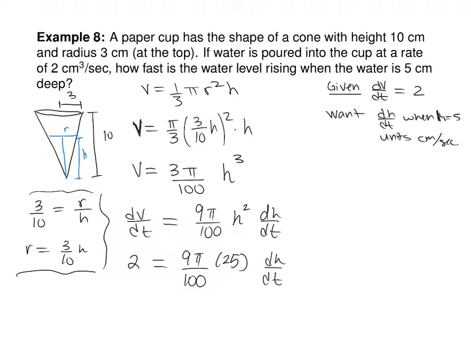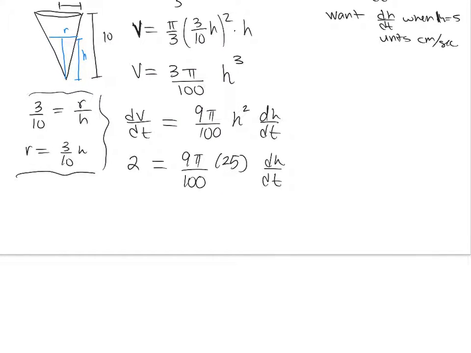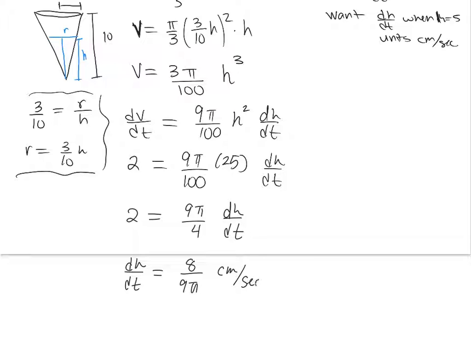Can you simplify it all before, yeah, 25 over 100 is going to reduce to 9 pi over 4, right? So therefore dH dt is, great, 8 over 9 pi centimeters per second.